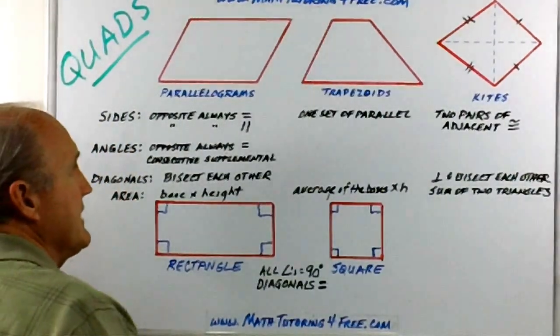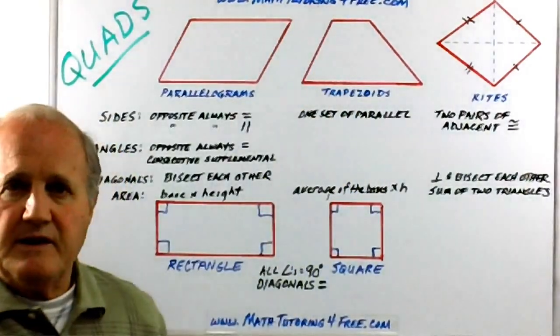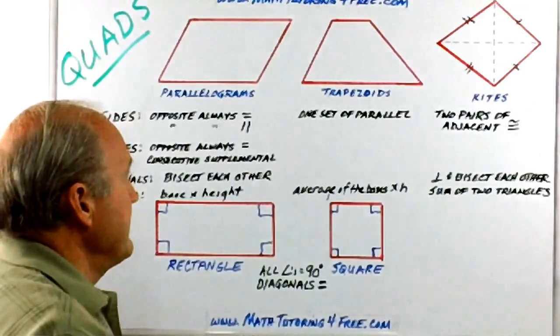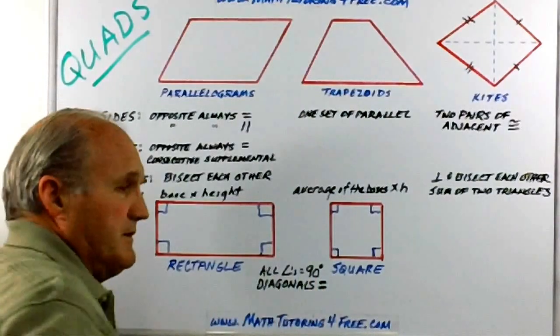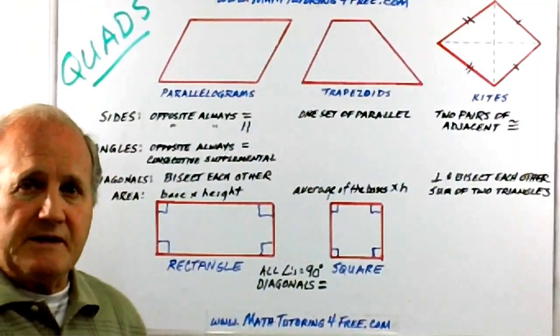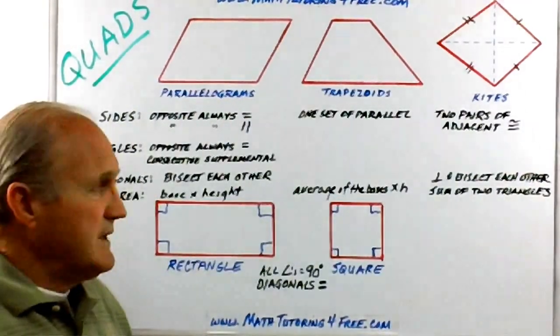Trapezoids are unusual in that they only have one pair of parallel sides, and the diagonals, because of the misshape of a trapezoid, you can't really tell much about those as you can in other quadrilaterals.